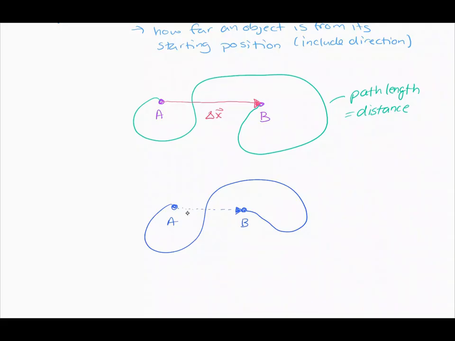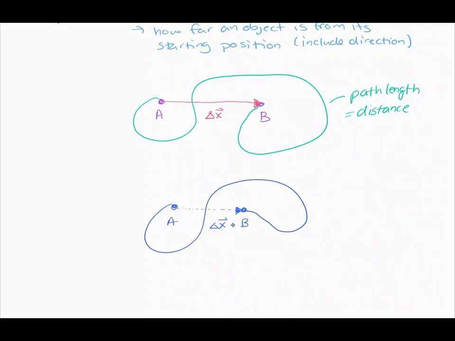So we tend to use dashed arrows for things in physics that is not actually what's happening. That's not what the motion actually is, but it's something that we are adding on to the diagram. So I would actually, if not using different colors, use that dashed arrow to represent the displacement.